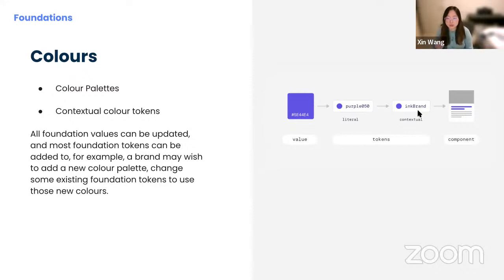What the contextual token allows us to do is to customize all our components, the whole site-wide, in one go. And if you're considering when to use a literal token and when to use a contextual token, you can ask yourself if you want this value to change if you're changing the theme. If the answer is yes, then you should use a contextual token.